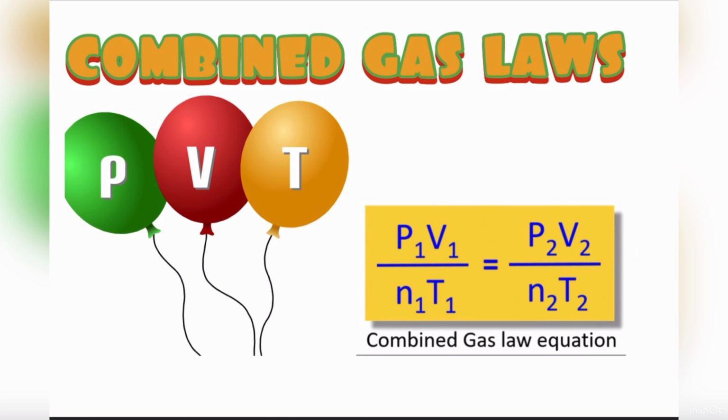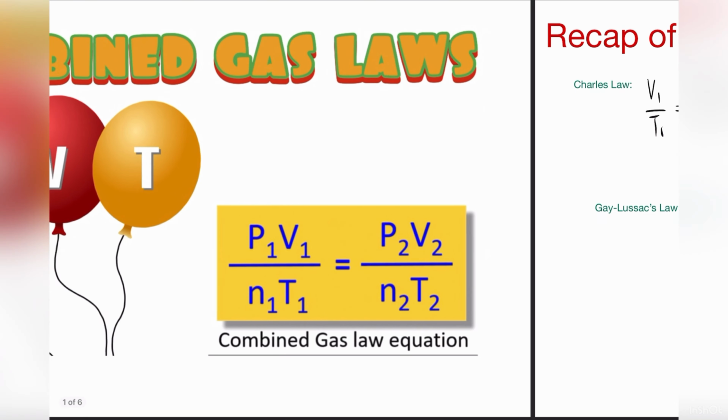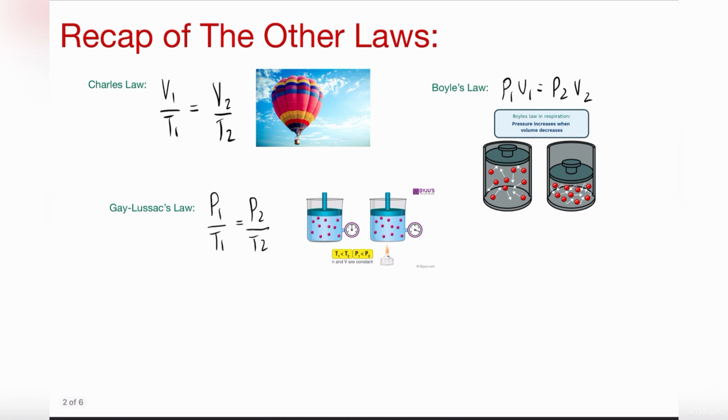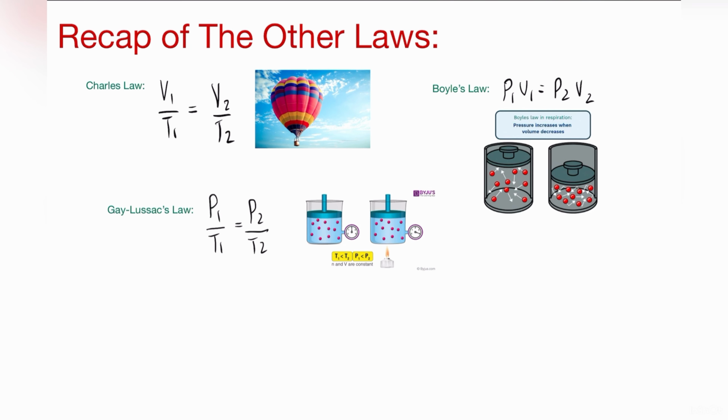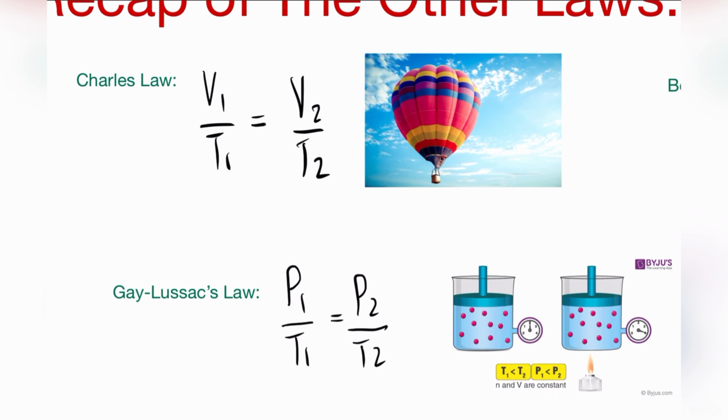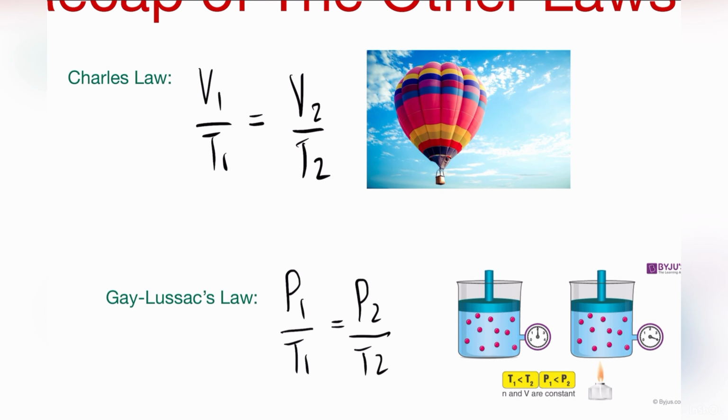But I will not ever leave you hanging like that, because we actually have a recap. In our second slide, we'll go over some of the laws that we talked about before. The first law is Charles' law. If you have good memory, we talked about a hot air balloon where a flame or torch helps expand the balloon so it can float.